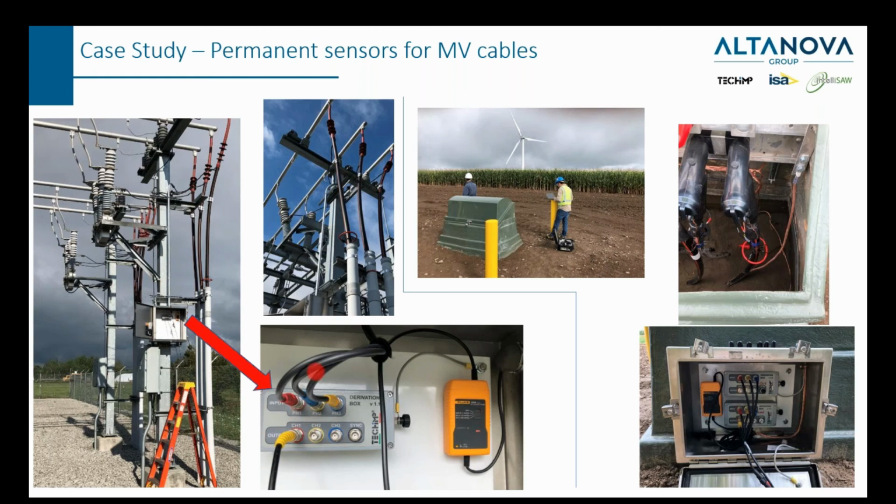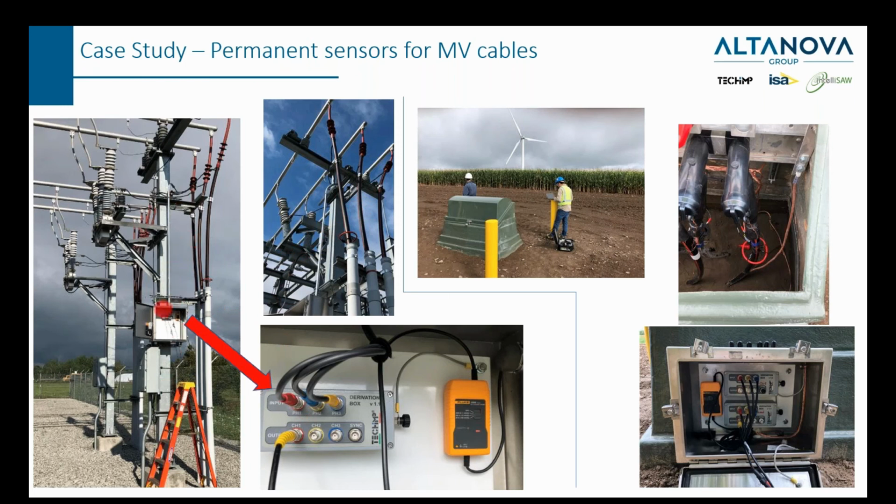Since we're doing online testing, it opens the opportunity to do permanent monitoring. If we're talking about permanent monitoring, of course, we need to protect the testing equipment. So the derivation box itself has the protection circuit. Here are some examples of the permanent sensors installed for that circuit.